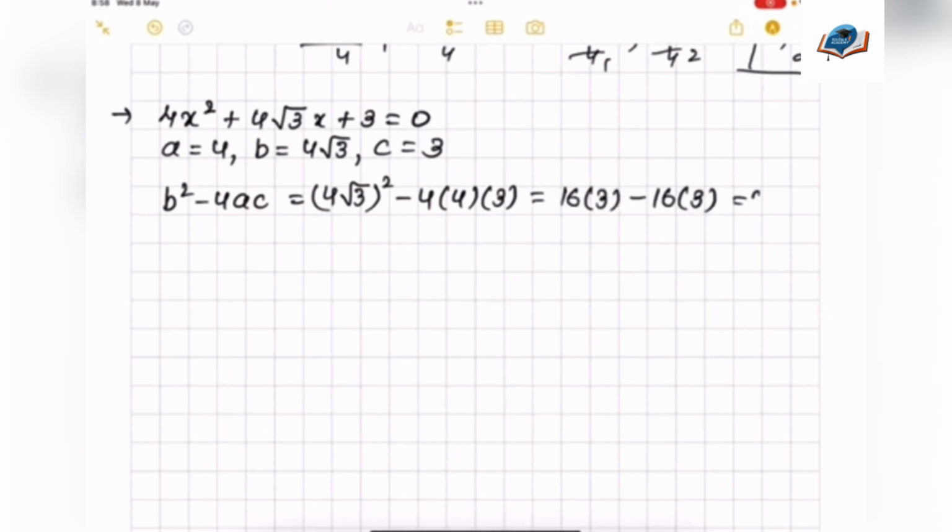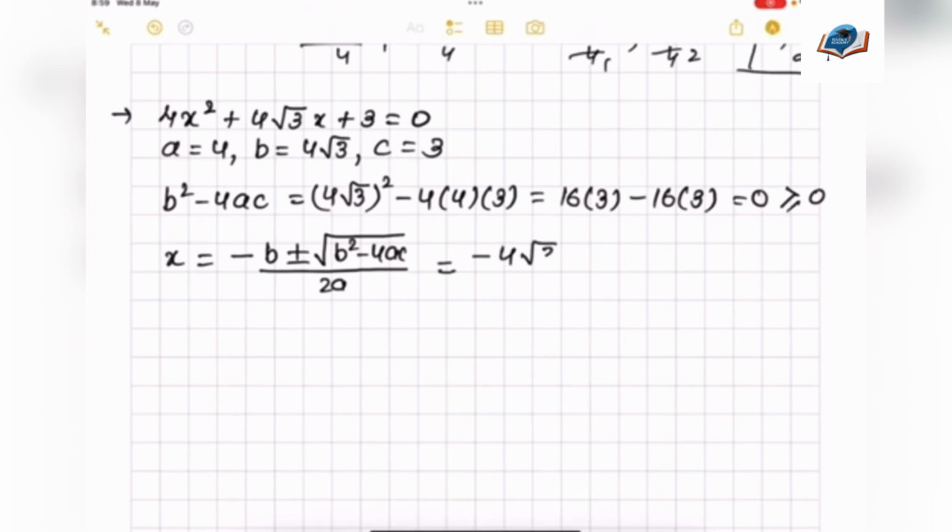So it is satisfying the condition b square minus 4ac greater than or equal to 0. So if we use the formula x equal to minus b plus or minus root of b square minus 4ac upon 2a, I will get minus b upon 2a, 4 root 3 upon 2 into 4.